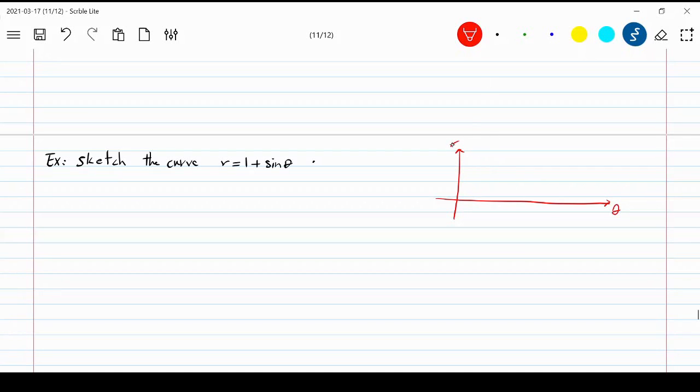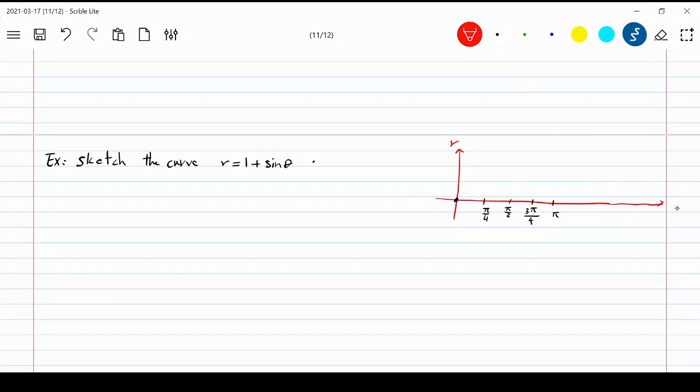What do I mean by this? This means if you pick theta equal to 0, what happens? So this is theta 0, pi over 4, pi over 2, 3 pi over 4, pi, and so on. So you have the values for theta.